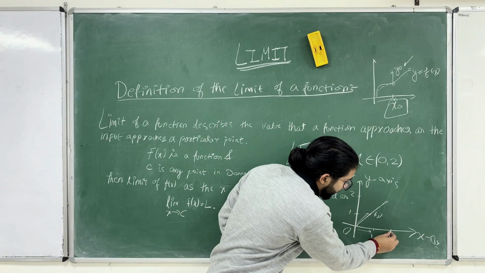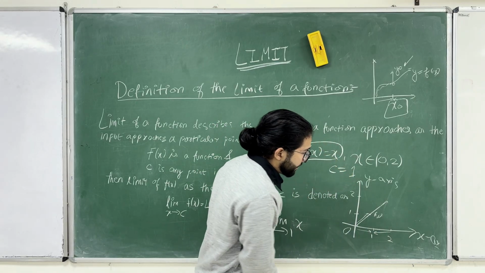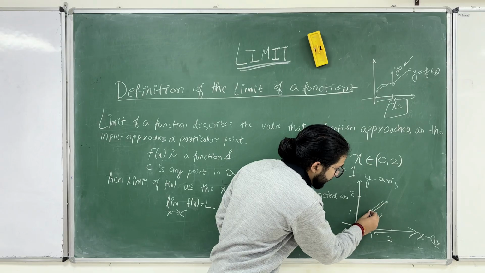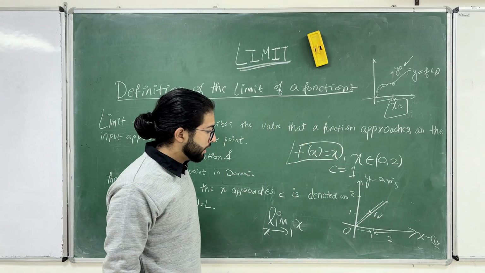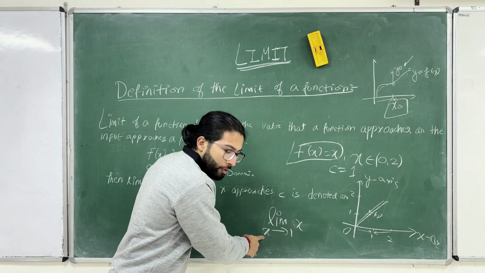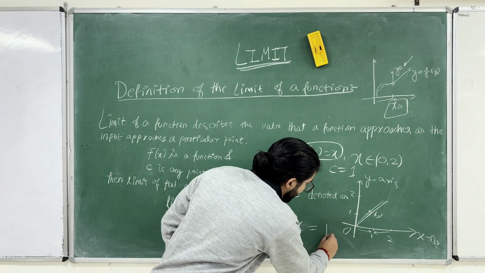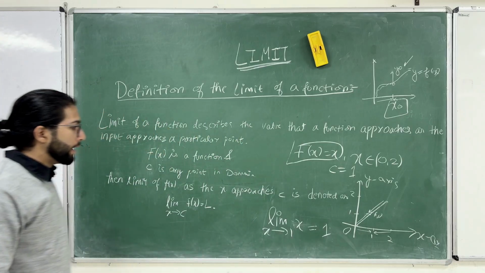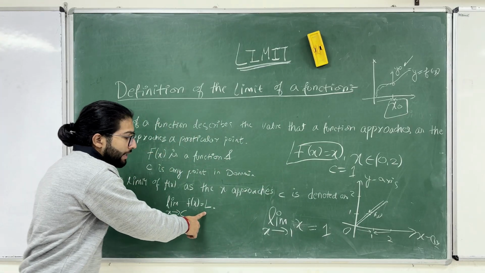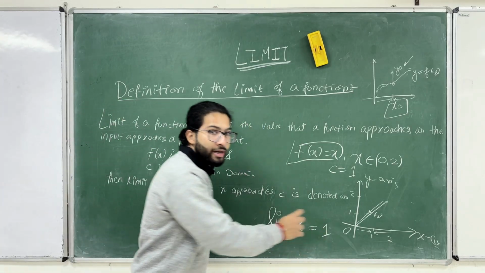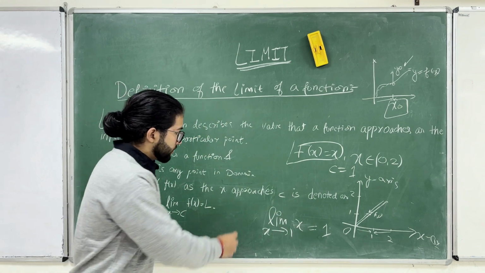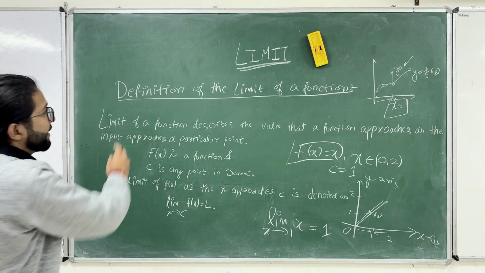If we are going towards 1 from the right side, then where is our function going, at the point (1, 1). So we can say when any point from our domain x goes towards 1, then its limit is equal to 1. Okay, so L is that value of the function where our f(x) is going. So that's the definition of a limit.